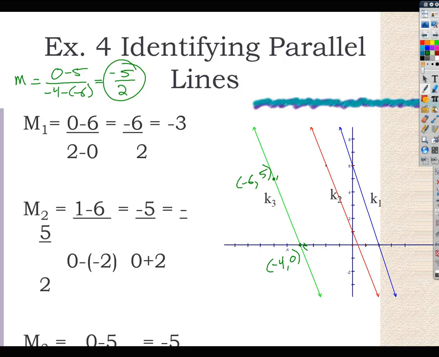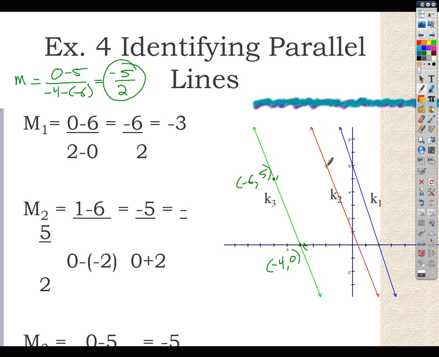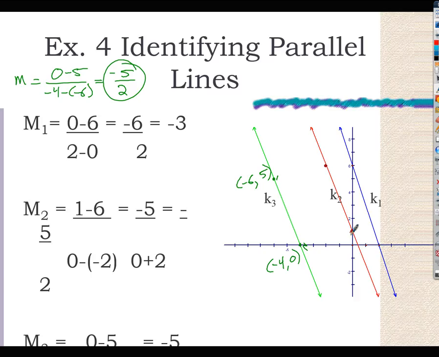Let's calculate the red slope. It looks like we've got points at -2, +6. Does that look right? And what's that one going to be at? 0, 1. Good. So the red slope would be what minus what on the top?